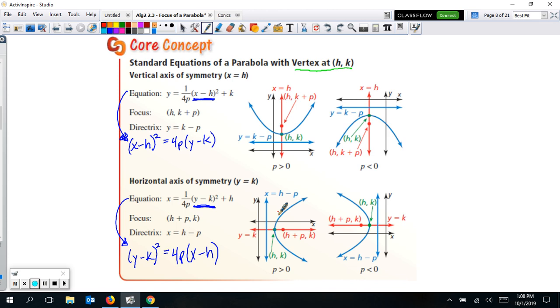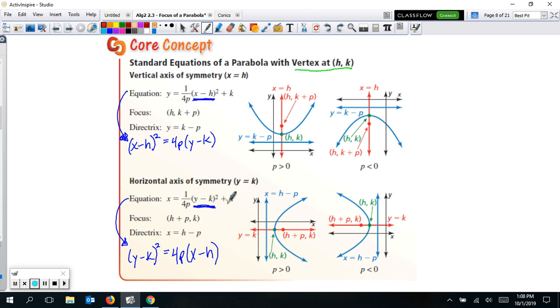Remember, if you're going to switch the x and the y so it goes sideways, you're going to have to also switch the h and the k numbers, okay? Because the h is always connected with the x coordinate, and the k is always connected to the y coordinate. So if you switch the x and the y, you're switching the h and k also. So that's what's happening down here, as you can see.